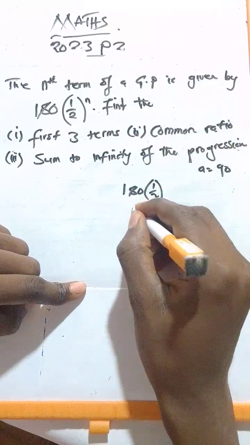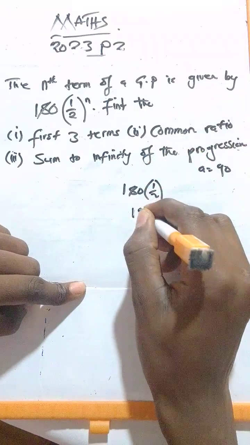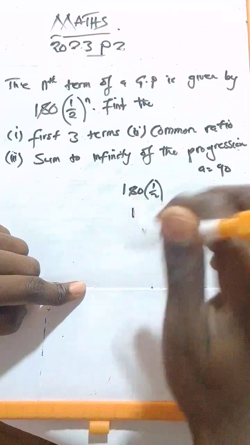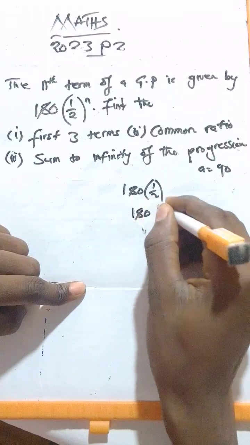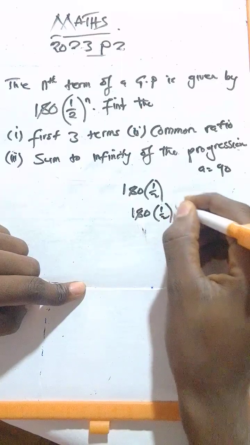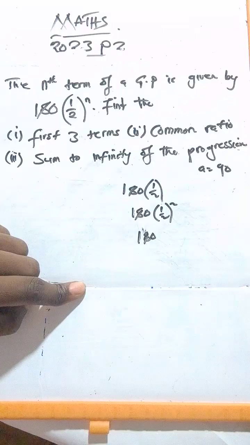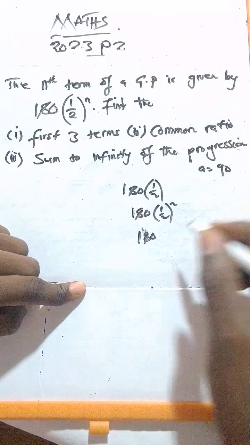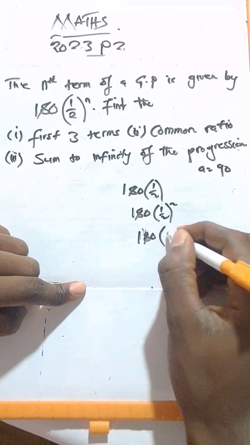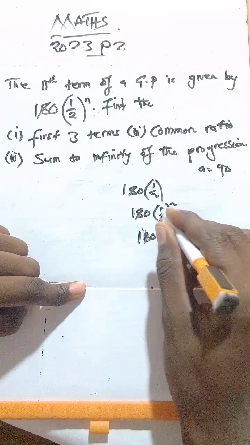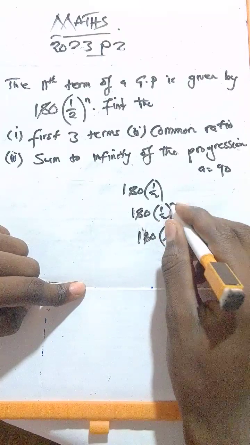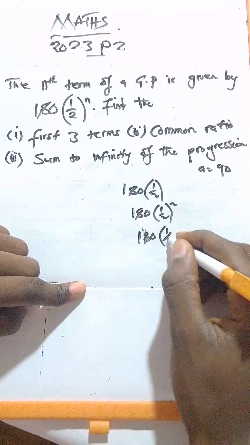So I'm going to get 180, open bracket, half, then to the power 2. Now we need to show the work, of course. This is paper 2. So 180, open bracket, 1 to the power 2 is 1, 2 to the power 2 will give us 4.